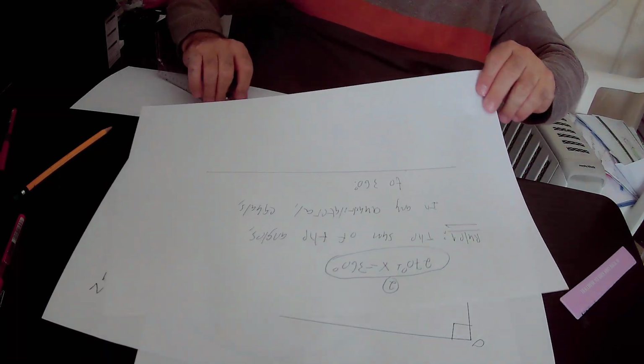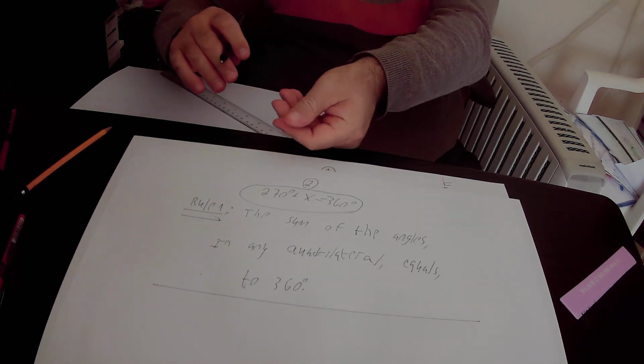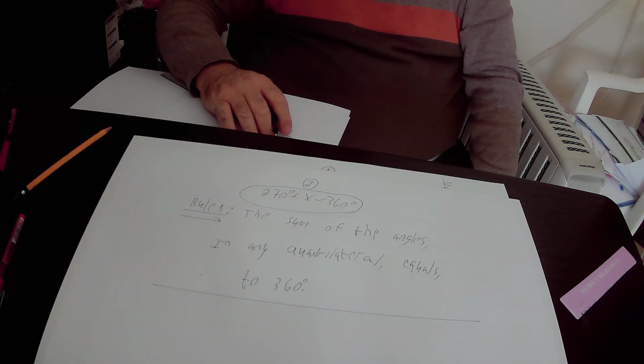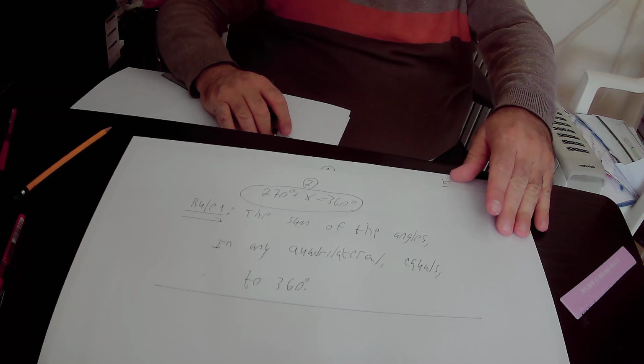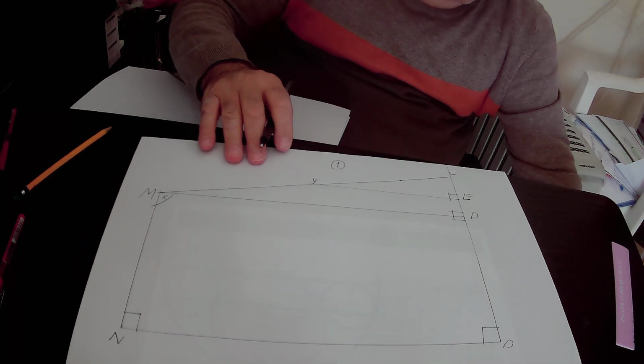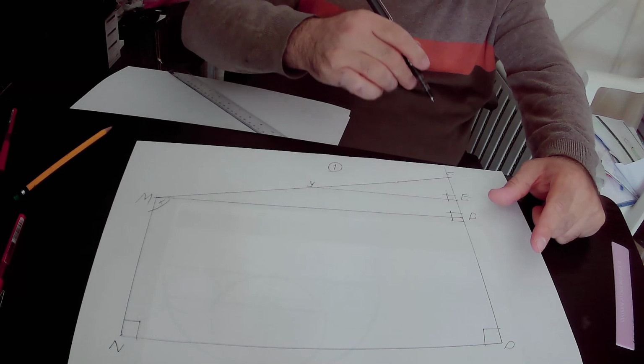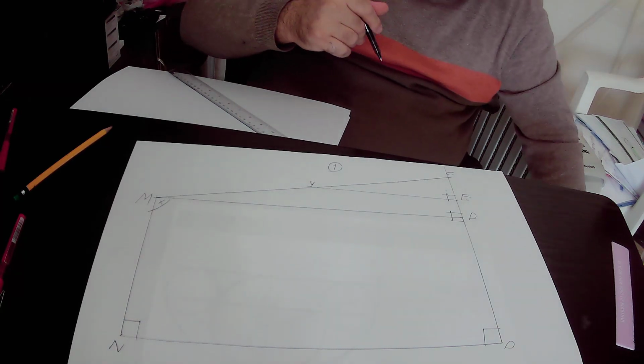So I will read rule number 1 again. Rule number 1 states that the sum of the angles in any quadrilateral equals 360 degrees. So the sum of the angles in quadrilateral MNOD equals 360 degrees.